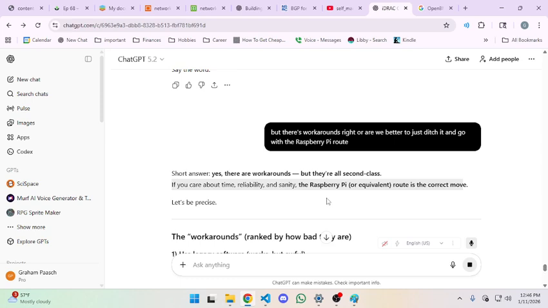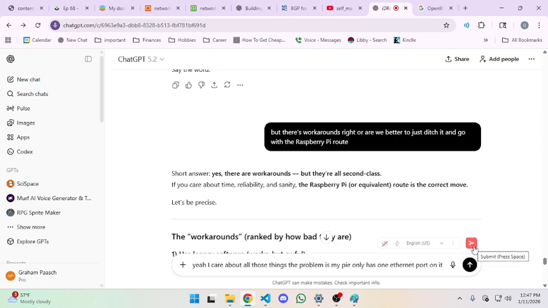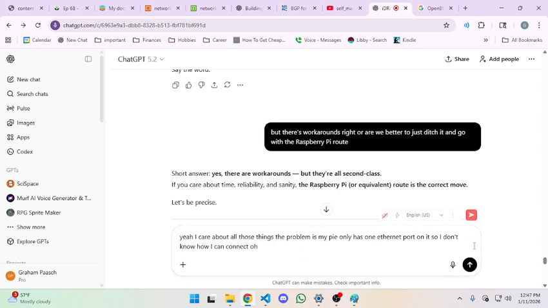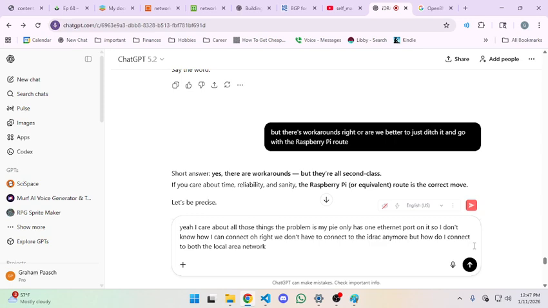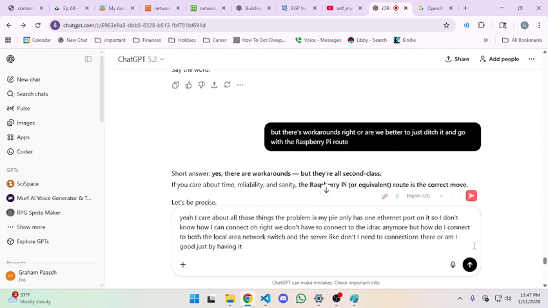The problem is my Pi only has one Ethernet port on it, so I don't know how I can connect. Oh, right. We don't have to connect to the iDRAC anymore. But how do I connect to both the local area network switch and the server? Don't I need two connections there, or am I good just by having it plugged in to the server?